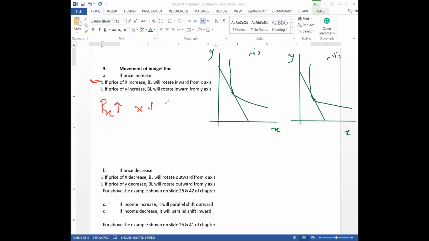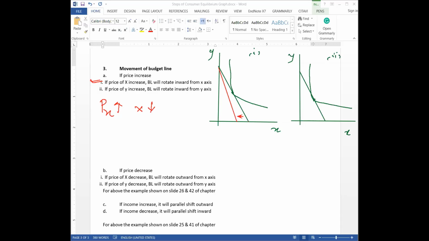So X will reduce. We'll draw it here. Initially X was this much, now it will be this much. We'll draw a line from here to Y, and we'll draw an arrow so that we don't get confused. This is the diagram, and it means that when there is an increase in price of X, the budget line will rotate inward.